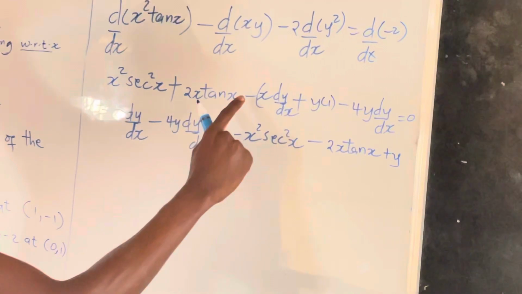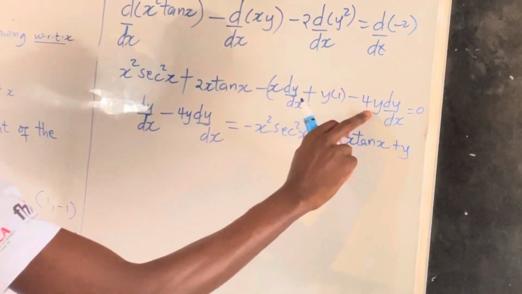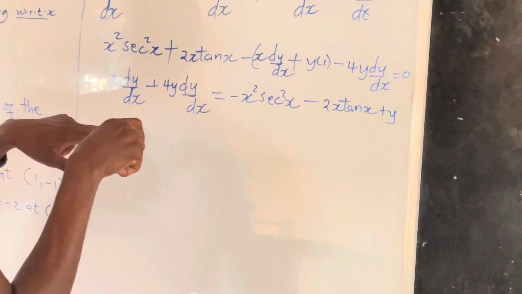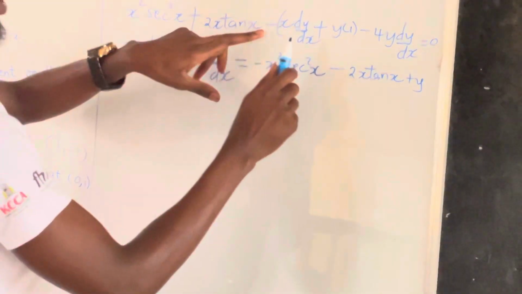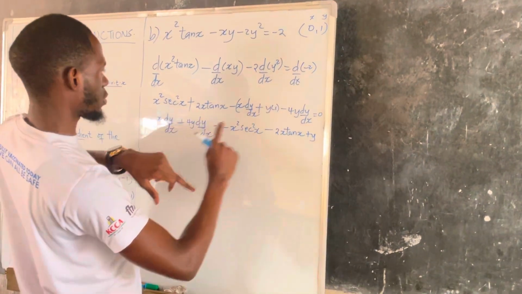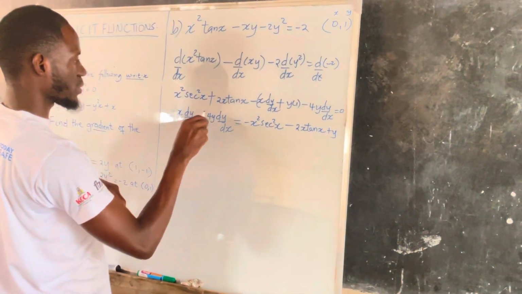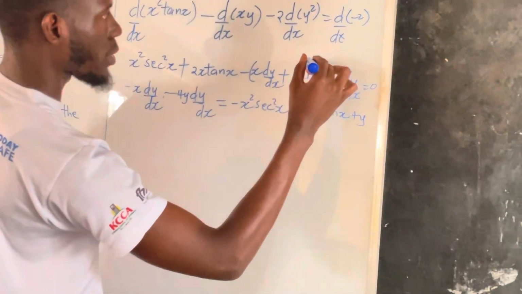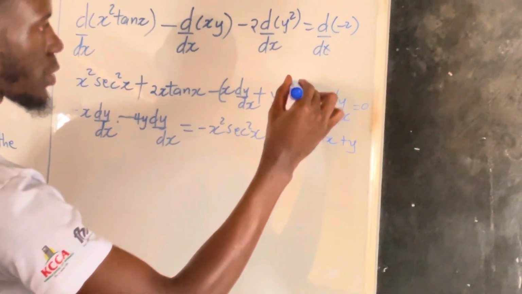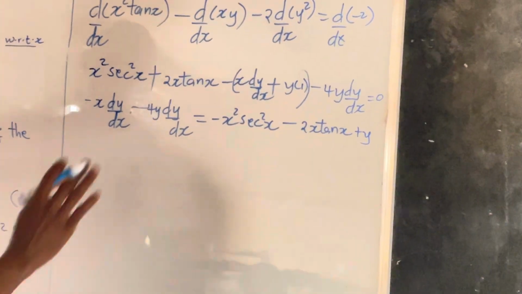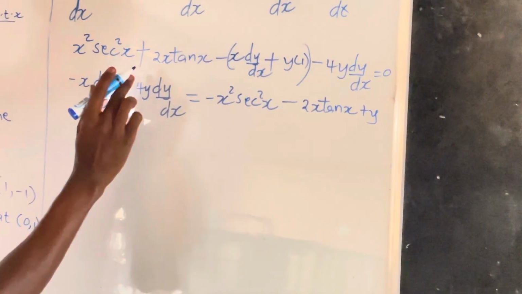When you open brackets here, we have a 4y dy/dx, which is positive. This negative is going to go up to this one here. No, not really. No, it's a negative. This bracket ends here, like that. So we have something like this.